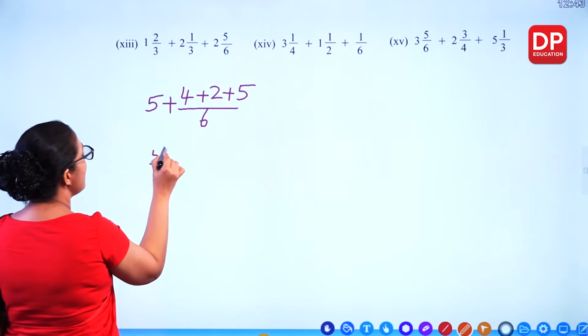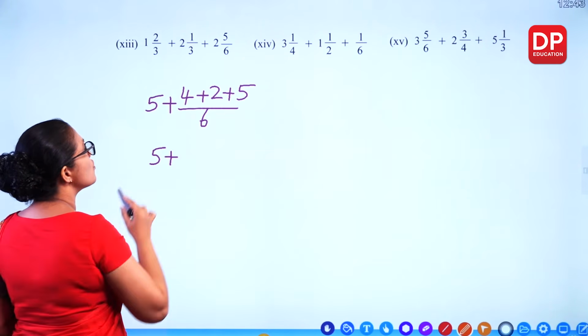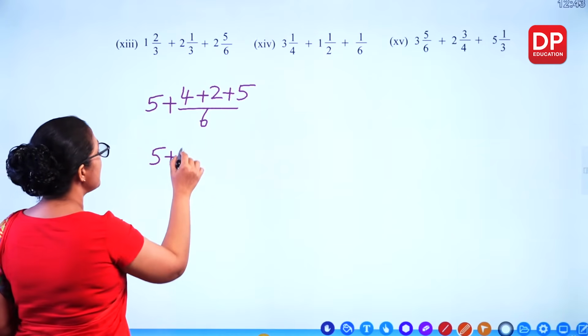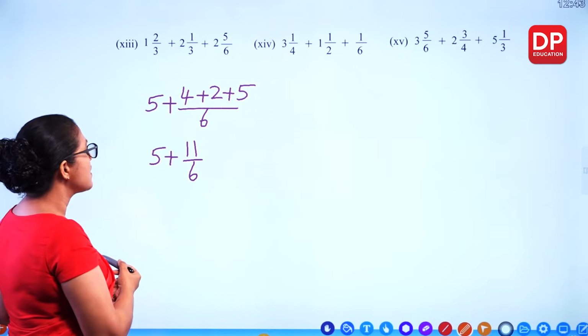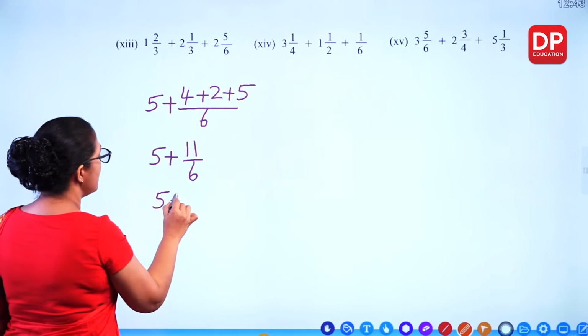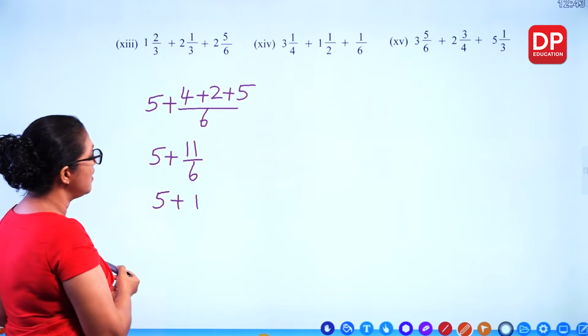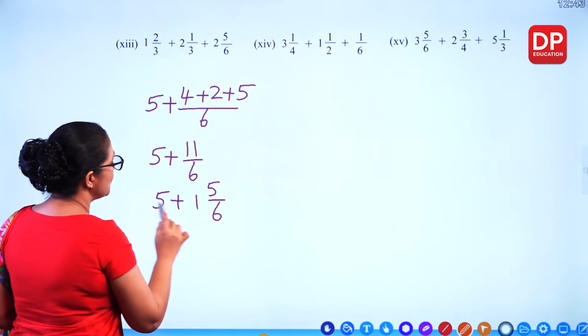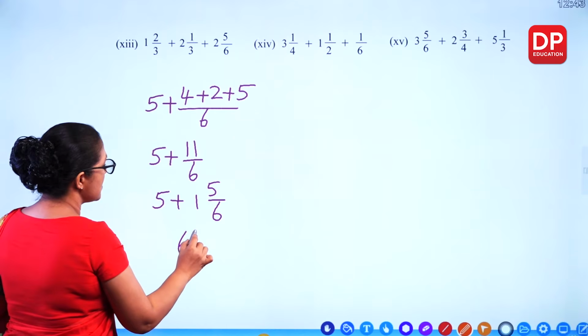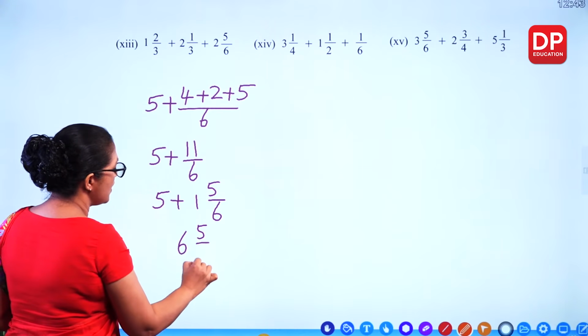You get 5. 4 plus 2, 6. 6 plus 5, 11. 11 over 6. Now convert this to mixed number. 1 part is there and 5 remaining. So 5 plus 1, 6. 6 parts and 5 over 6.